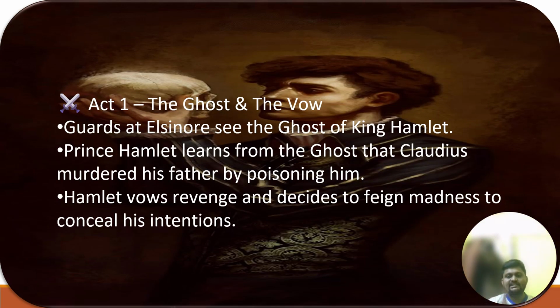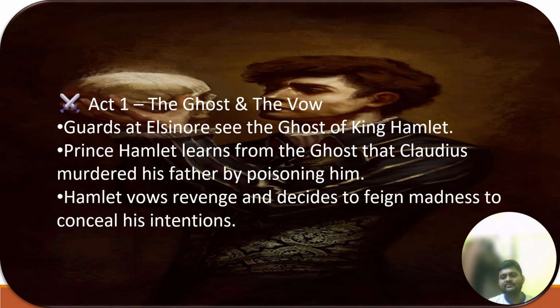Now let us start Act 1 of the play. In Act 1, we find that a ghost appears at midnight in the castle of Elsinore. This ghost summons Hamlet, and when Hamlet goes near this ghost, he finds that this ghost is of his late father, King Hamlet.